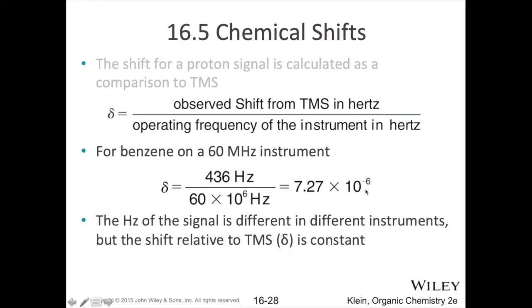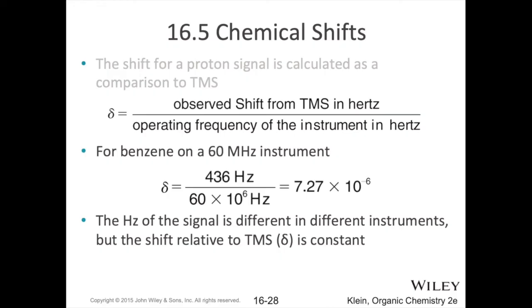All right. Now, rather than giving an answer in scientific notation or dealing with a really, really small number, we instead just use the coefficient there, and we get rid of the exponential term. Okay, so in other words, we give our answer in parts per million. So you might notice on the x-axis, the units listed there are ppm.